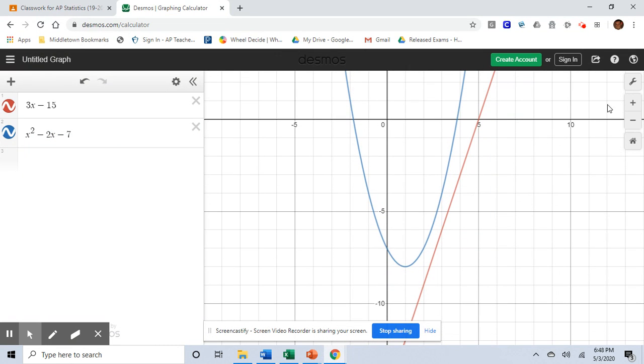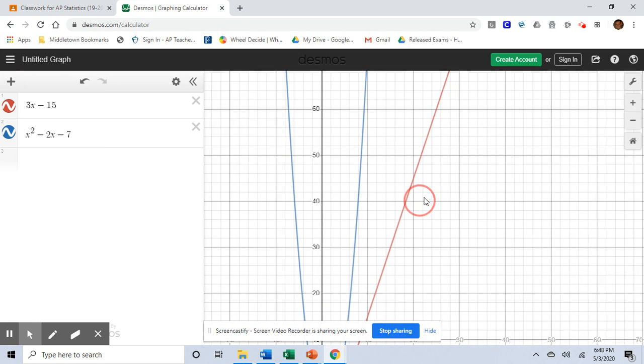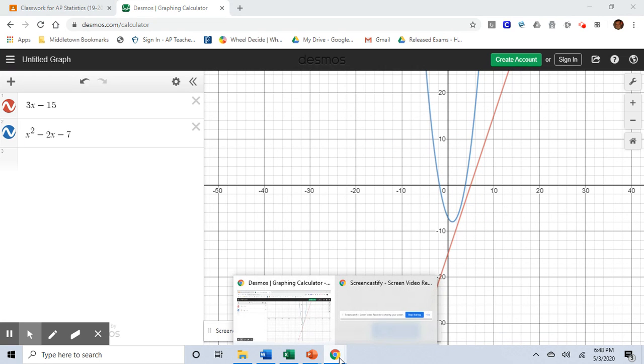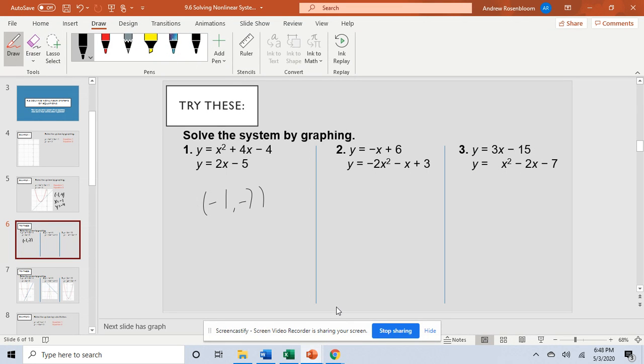So we're looking here, guys, at this particular graph. You'll notice that they don't intersect anywhere. So in this particular system of equations, there's no solution because these graphs are not intersecting anywhere on our coordinate plane. So this would have no solution.